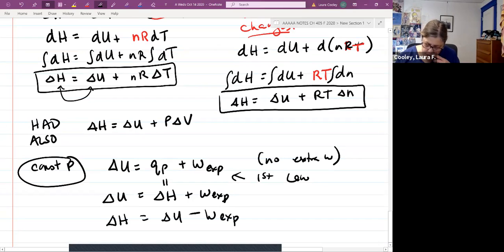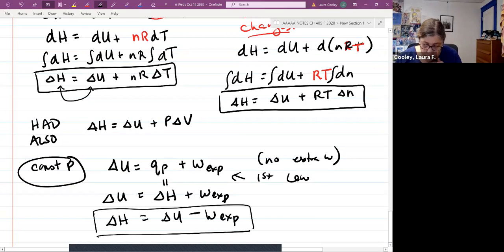All right. So now, remember, this came from the first law. And notice that's exactly the way each of these is written. It's got the delta H equals delta U plus this other term, just like down here, which came from the first law.